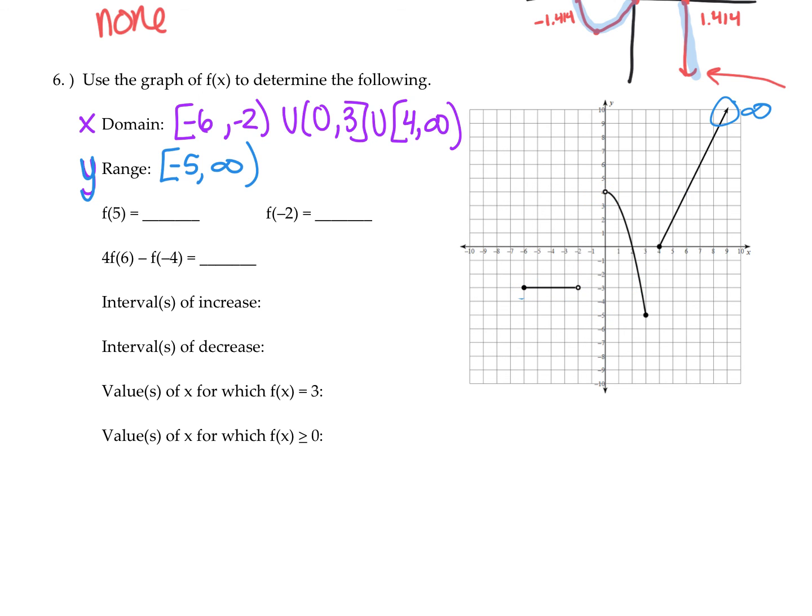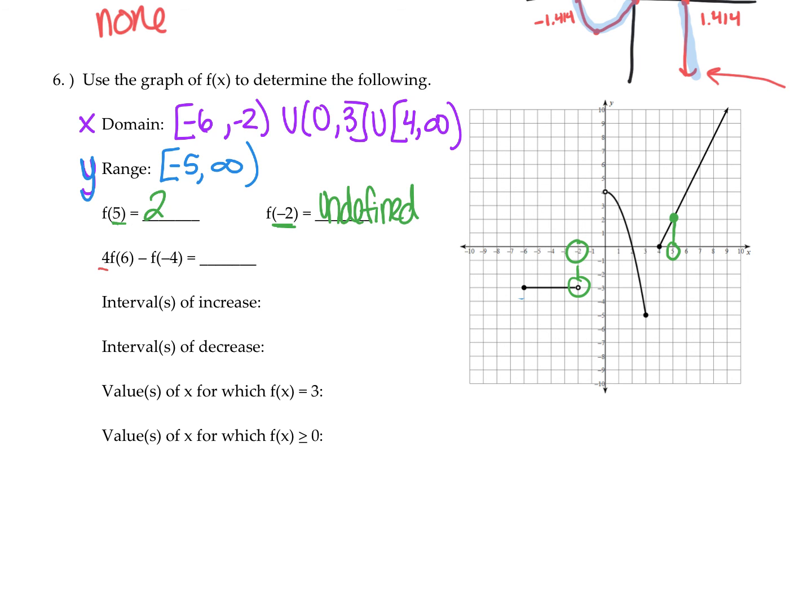Now when we're looking at evaluating, f of 5, y would be 2. F of -2, well, there's a hole there, so this is undefined. This one's a little bit trickier.